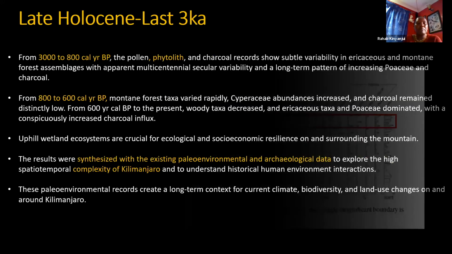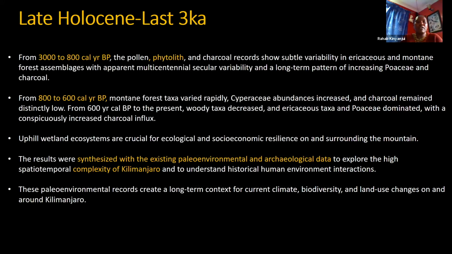So our main take home message from that paper was the changes between 3,000 to 800 years. Looking at the pollen, phytolith, and charcoal record, it shows a very small variability, especially in the Ericaceous belt, that is the very high altitude part of the mountain, with apparent multicentennial secular variability and a long-term pattern of increasing charcoal.